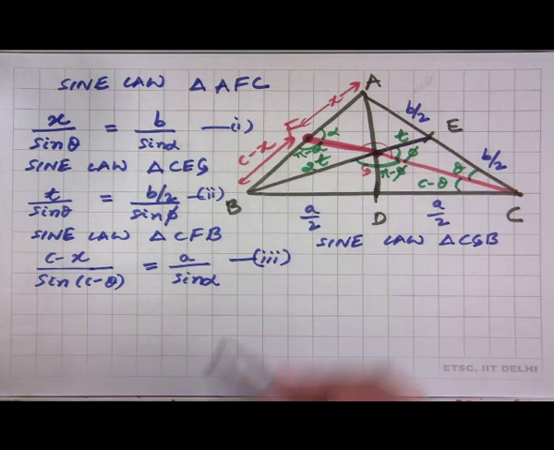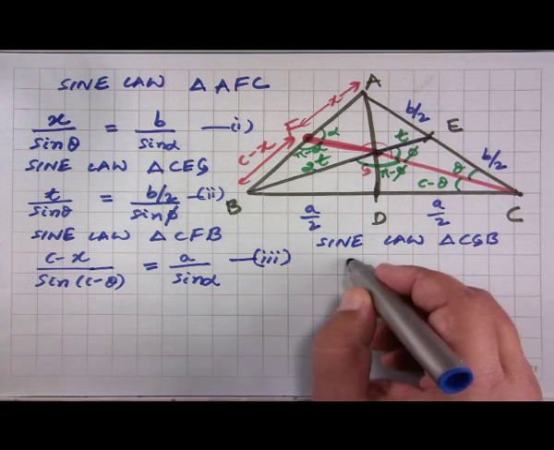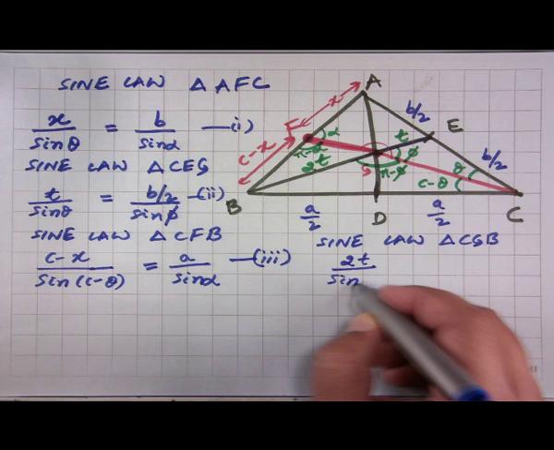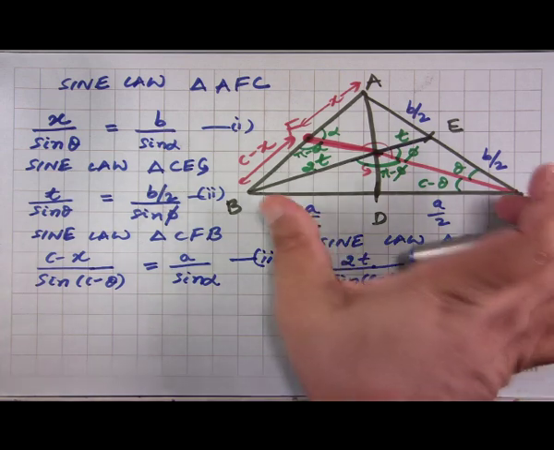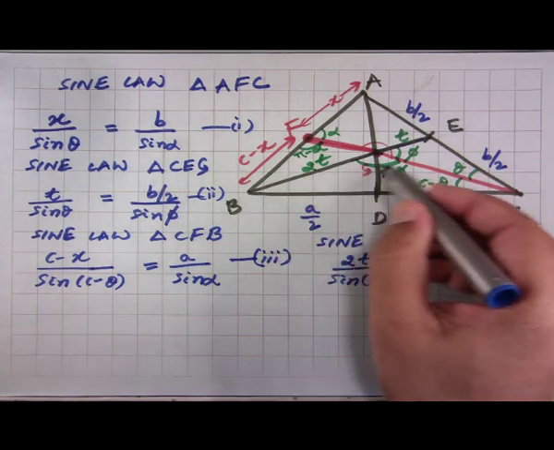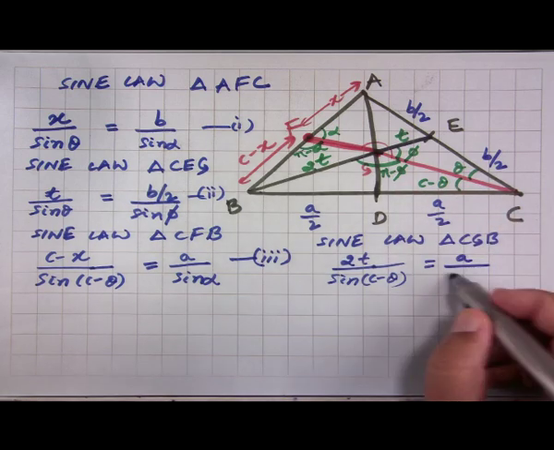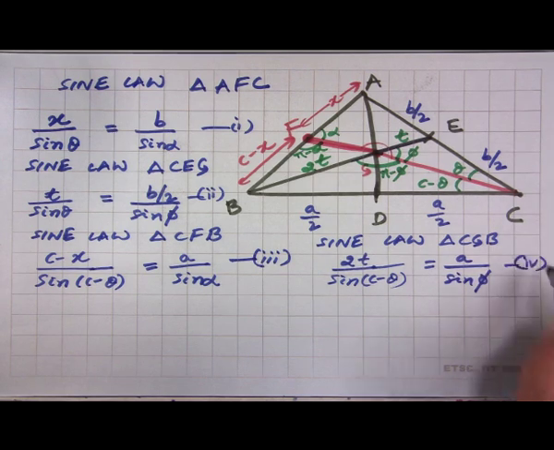In triangle CGB, we have 2t over sine of c minus theta equals a over sine of pi minus phi. Now sine of pi minus phi is equal to sine of phi. So this is the fourth equation. So we now have four equations after we applied the sine law to these four different triangles.